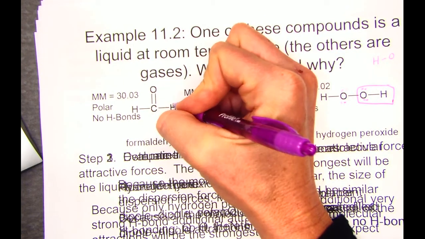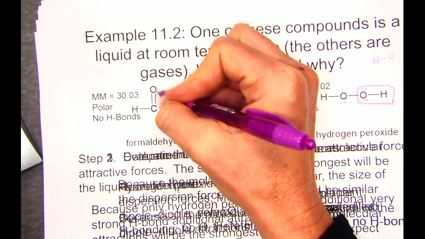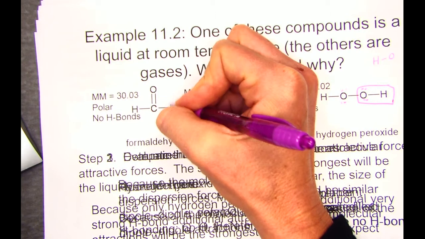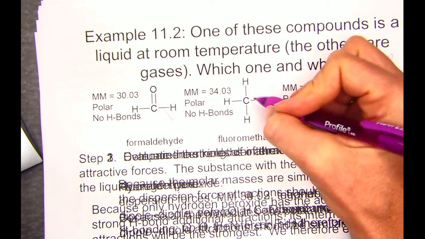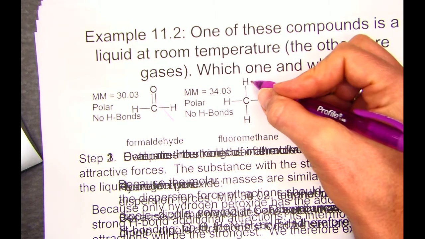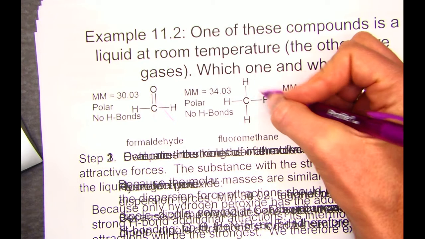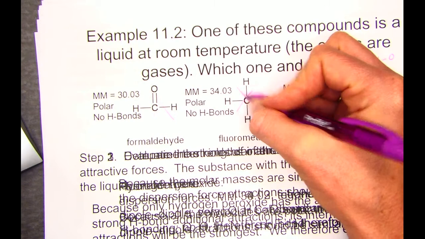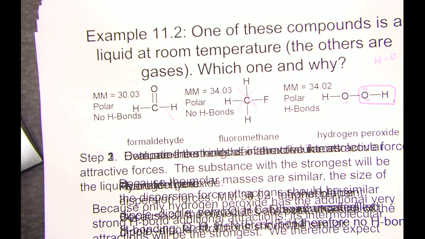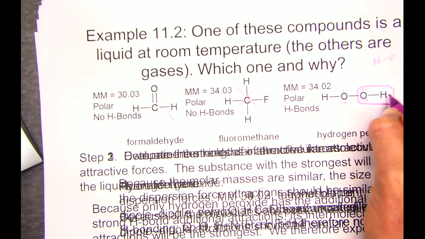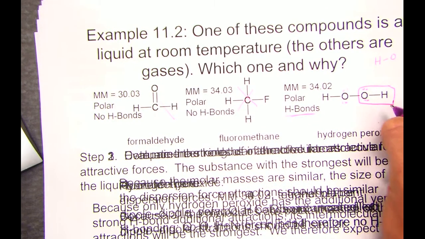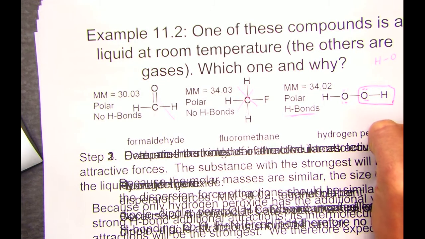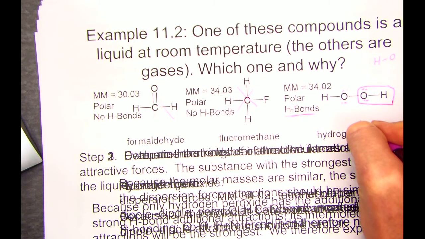The oxygen and hydrogen in formaldehyde, although they're in the same compound, are not attached to each other, so no hydrogen bonds. And again, although we have fluorine and hydrogen within the same compound, they are not attached to each other, so no hydrogen bonds. And therefore, the only one where we have oxygen and hydrogen attached to one another and can set up the polar bonds of a hydrogen type connection is the hydrogen peroxide.